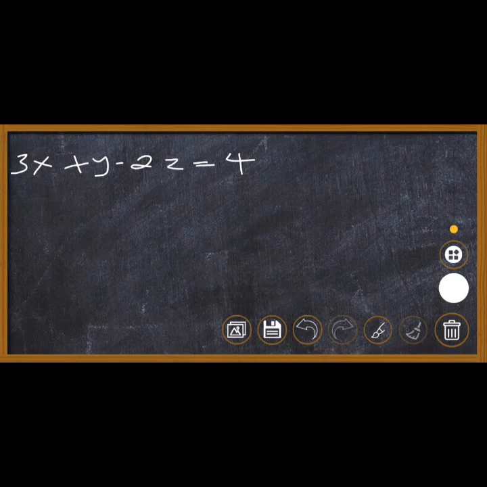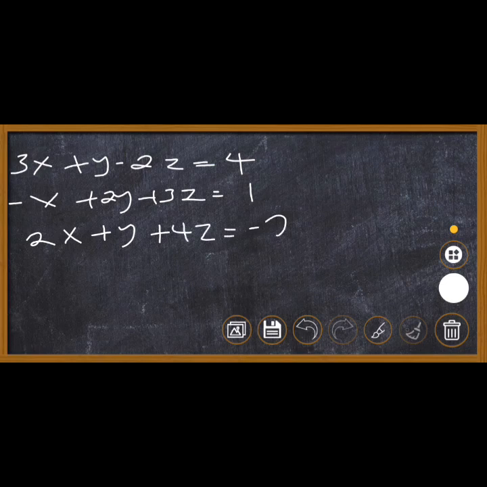And then here we have negative x, then we have positive 2y, then we add 3z equal to 1. And then here we have 2x plus y, then plus 4z equal to negative 2. So this is a 3 by 3 simultaneous equation.